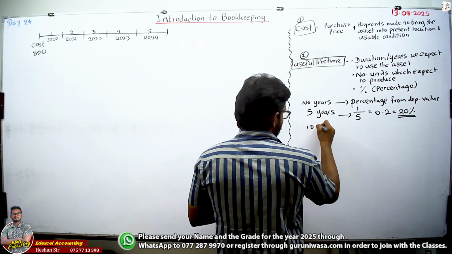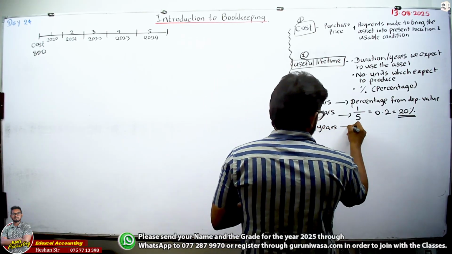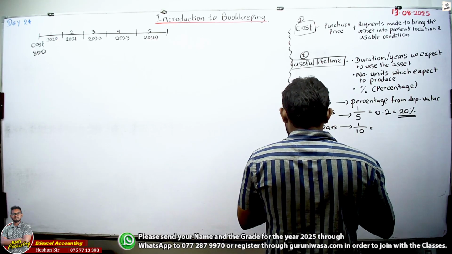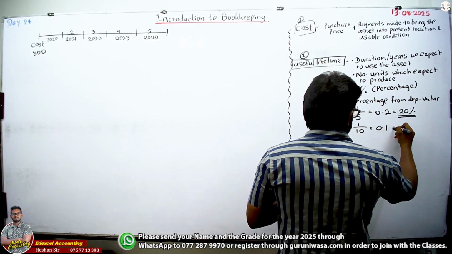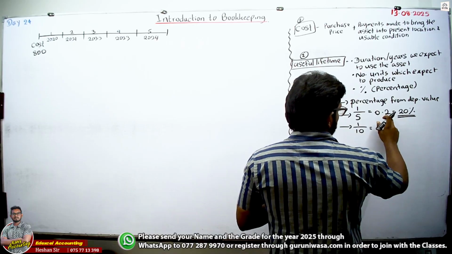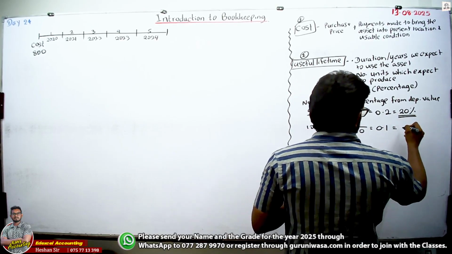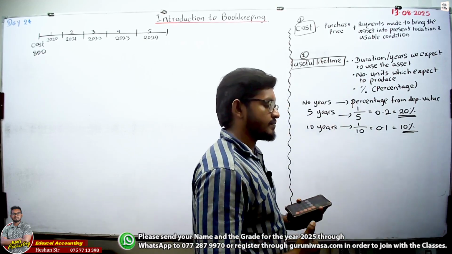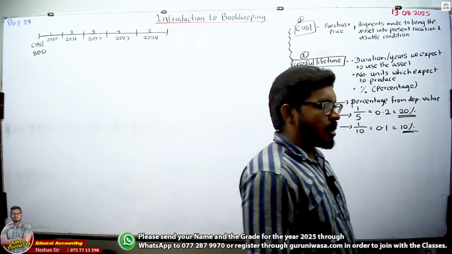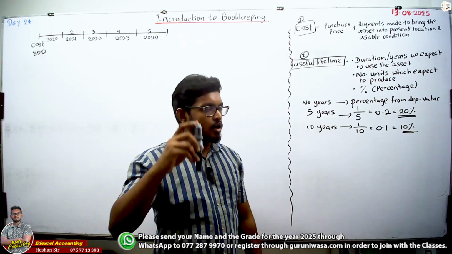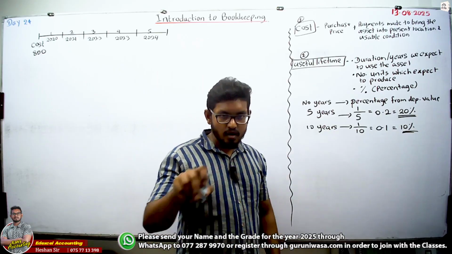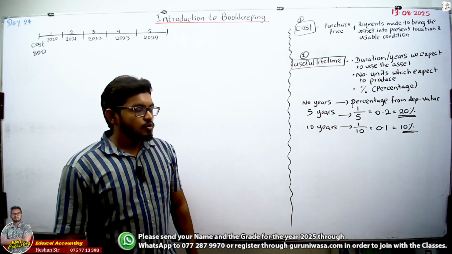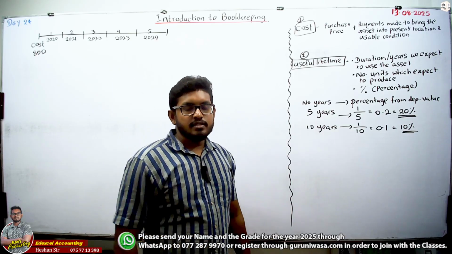If you take 10 years, 1 upon 10 is 0.1, which means 10%. 0.2 means 20%, 0.1 means 10%. It's like this. Percentage means we are taking it out of 100, that's why. Now think I'm going to give you 100 marker pens.